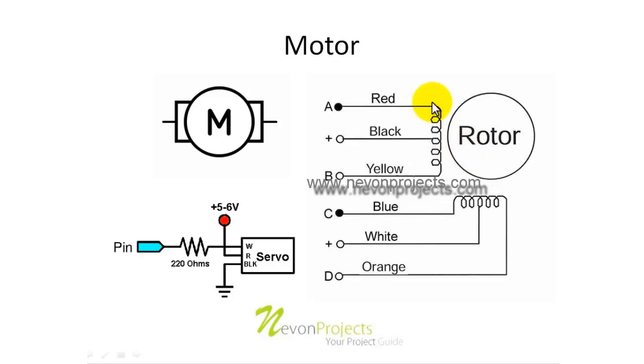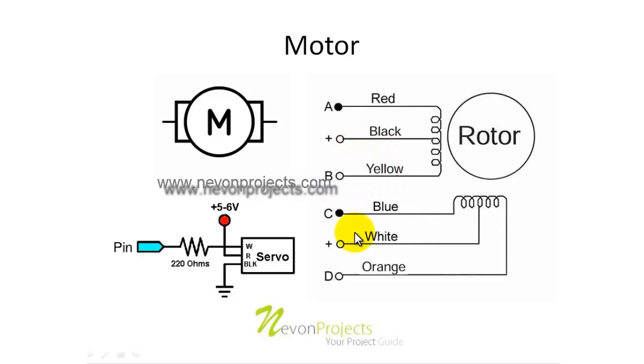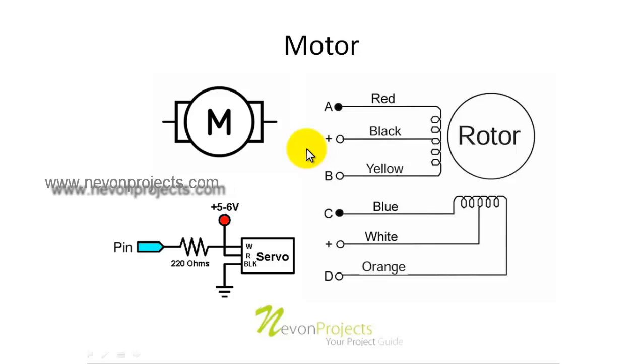Now the stepper we have here is a 6-terminal stepper motor, from which 2 are connected to supply. The black one and the white one are connected to the supply, and the red, the yellow, the blue and the orange are the data pins, from which the motor will get information from the microcontroller to be positioned accordingly.